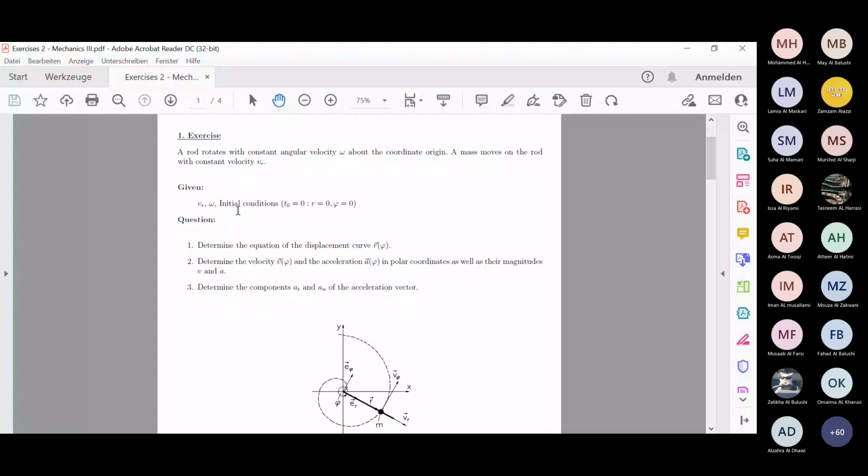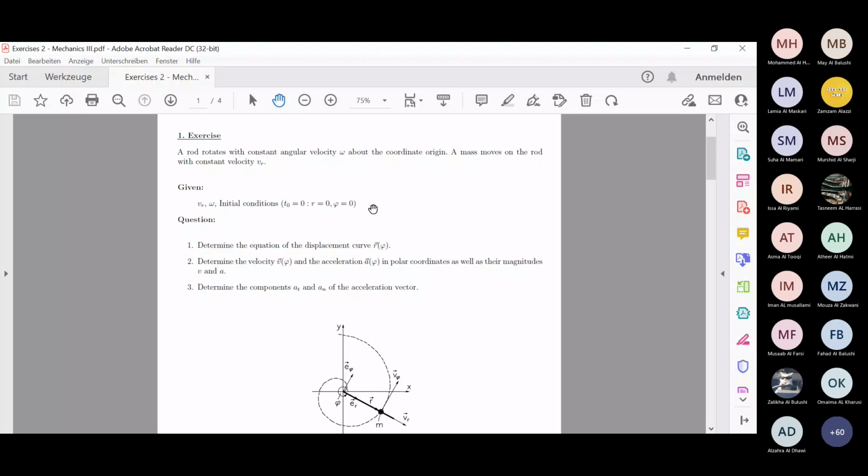And we take the initial conditions at time t equal to 0: the mass is at the origin, r is equal to 0, and the angle phi is also equal to 0.